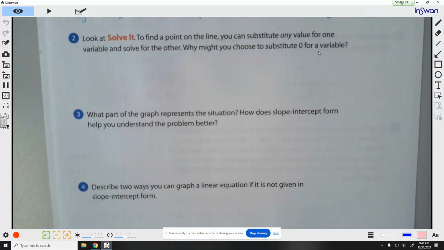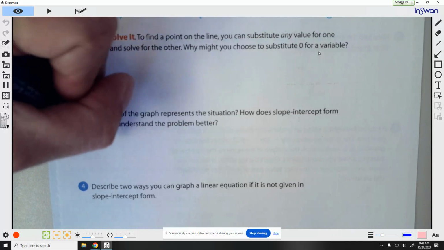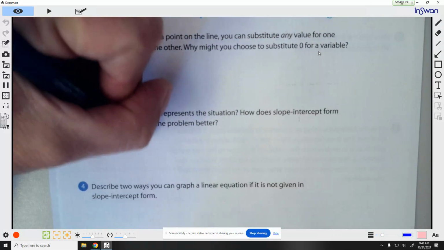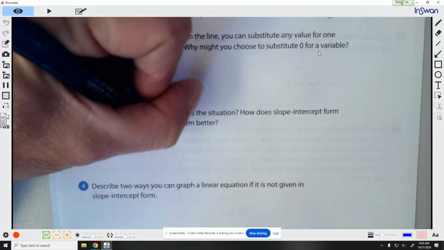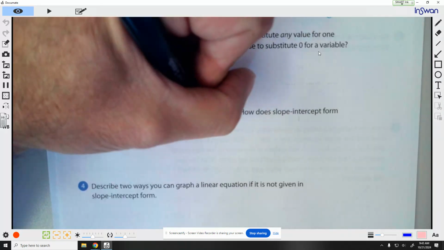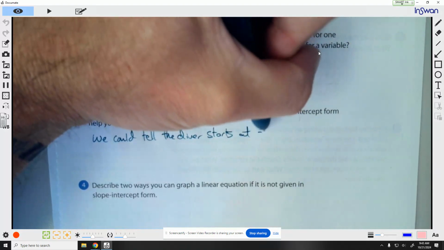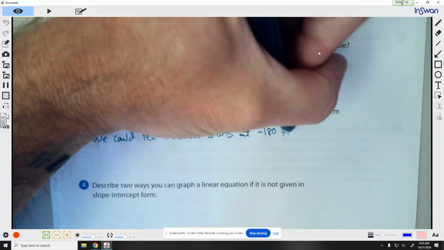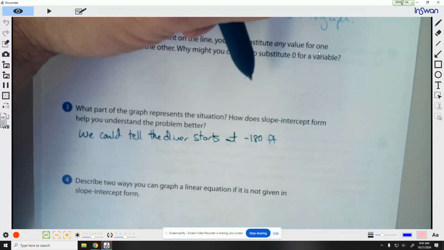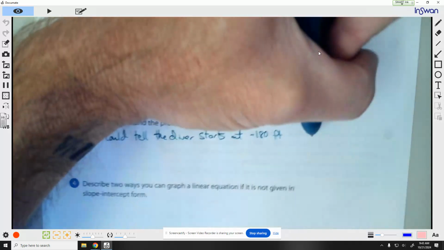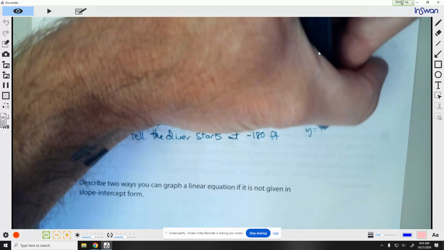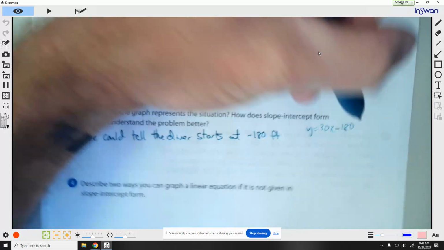So when we look at the graph there, we could tell the diver starts at negative 180 feet. All right, that was in slope-intercept form, y equals 30x minus 180.